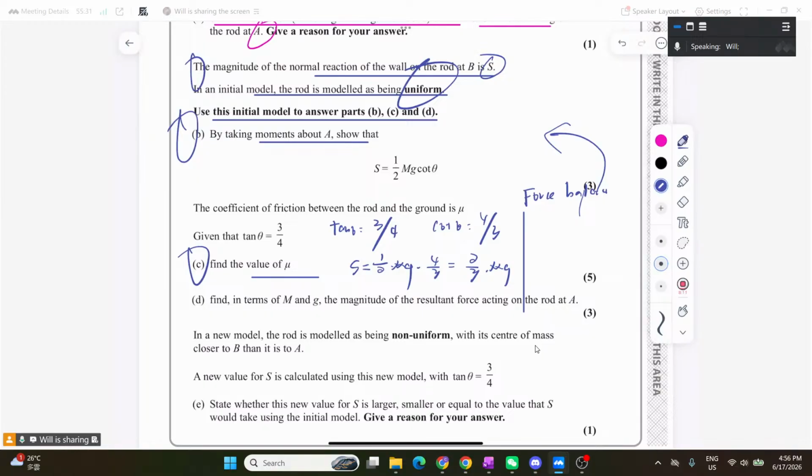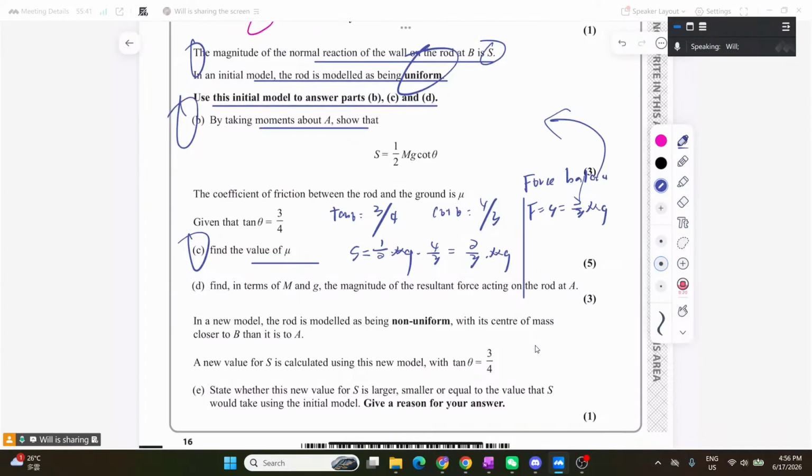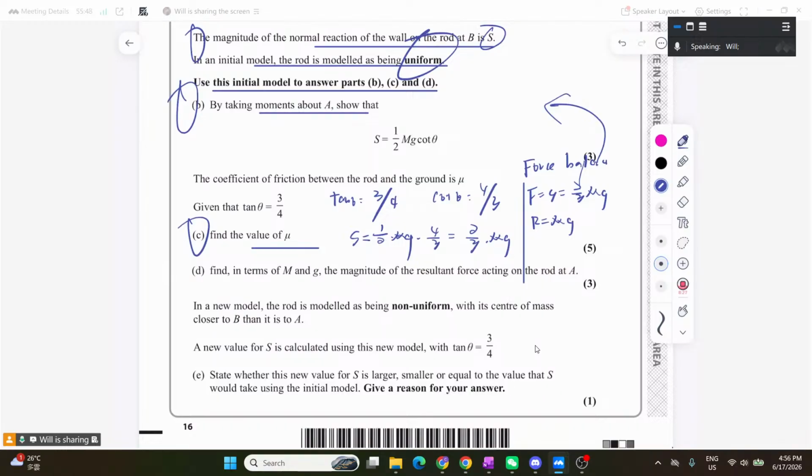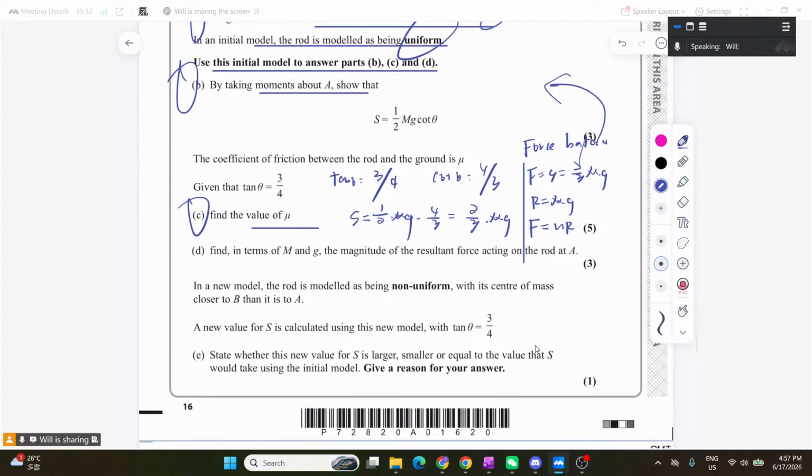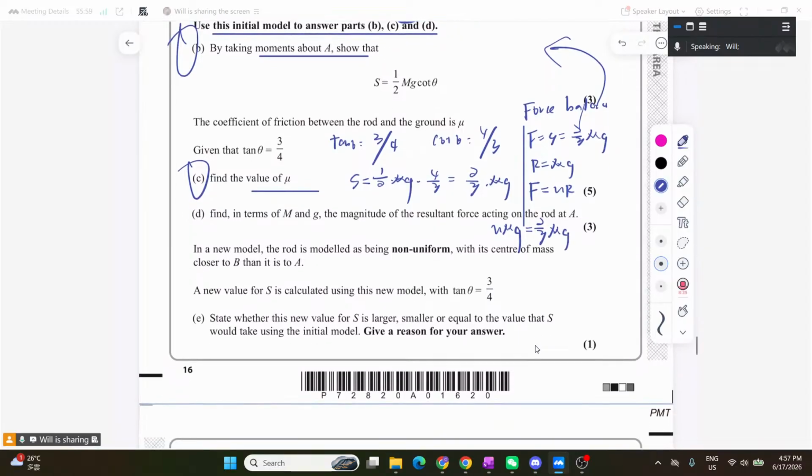The horizontal friction F equals S, which is 2/3 mg. And the vertical ground reaction R equals mg. At limiting friction, mu mg equals 2/3 mg. Here's the mu. Mu is 2/3. Understand? No problem?